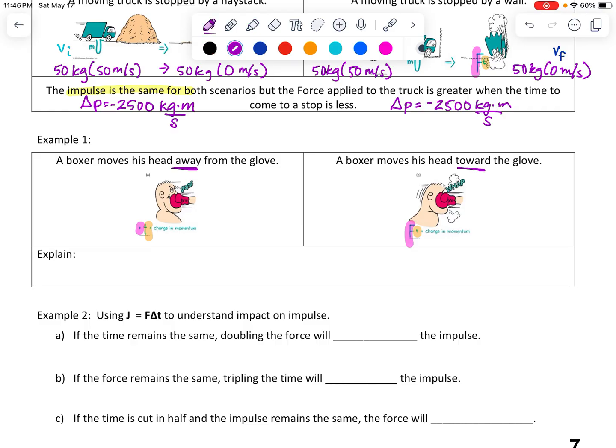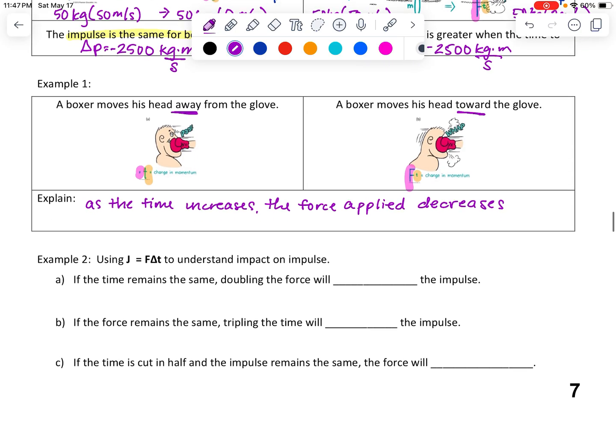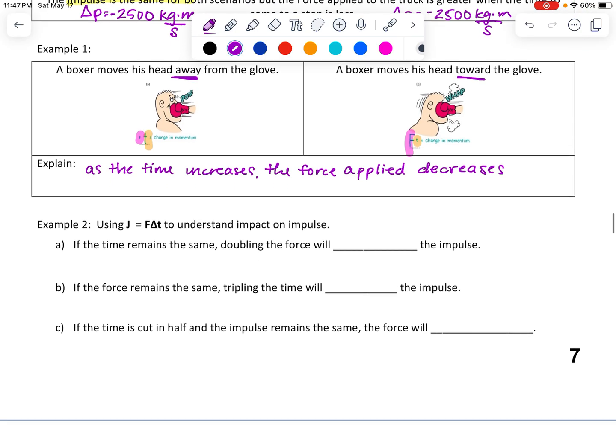So as the time increases, the force applied decreases. And so you would rather be hit moving away than moving toward. The force of that impact is greater. Remember, the change in momentum stays the same, but that force changes.